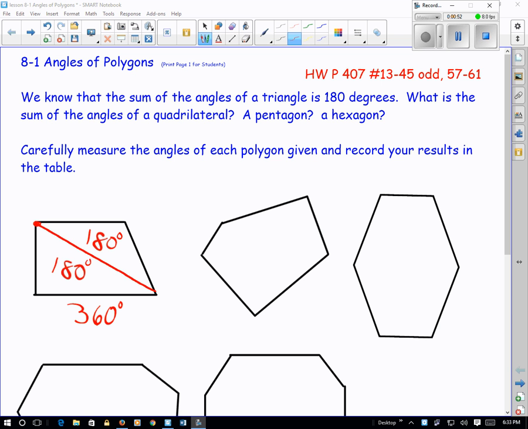If we follow that same process and take a pentagon, pick one vertex again, doesn't matter which one, and draw in all the possible diagonals to the non-adjacent vertices, we end up with three triangles at 180 degrees each.